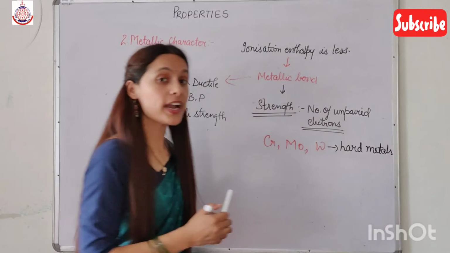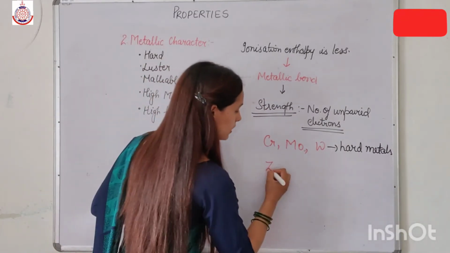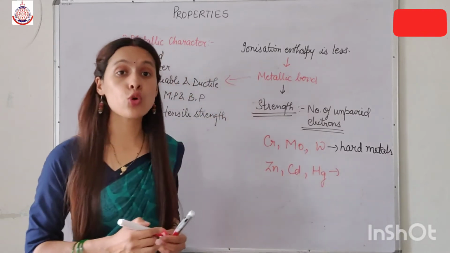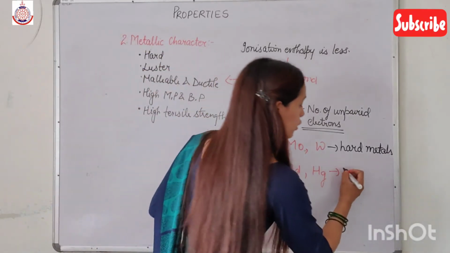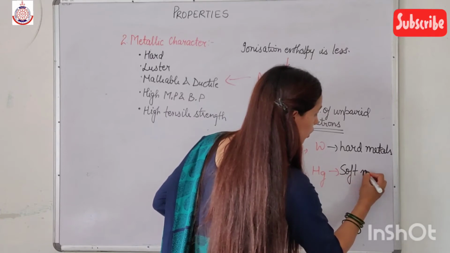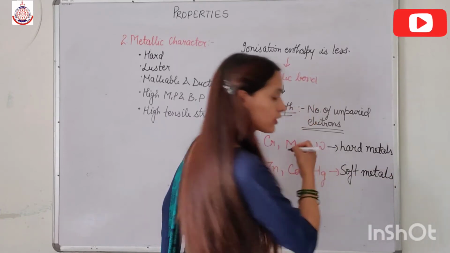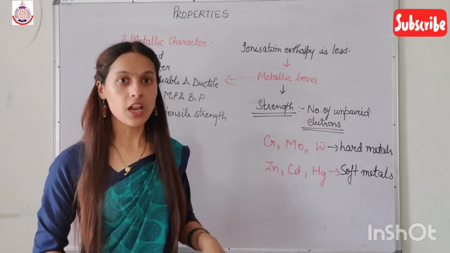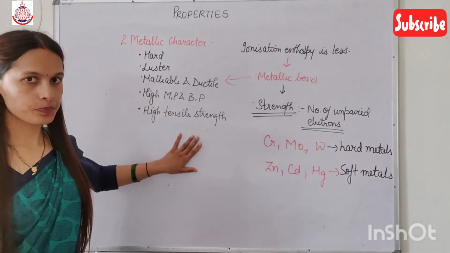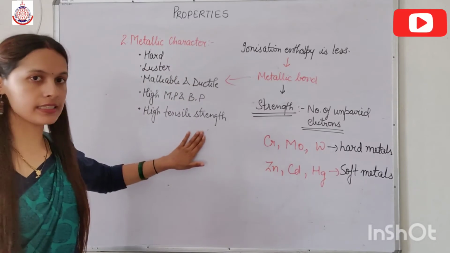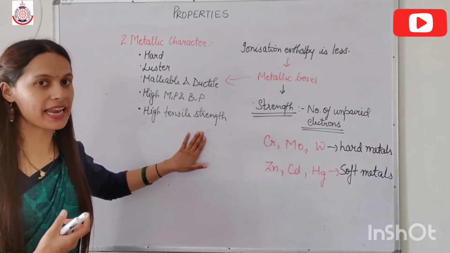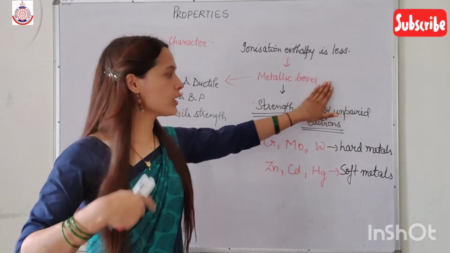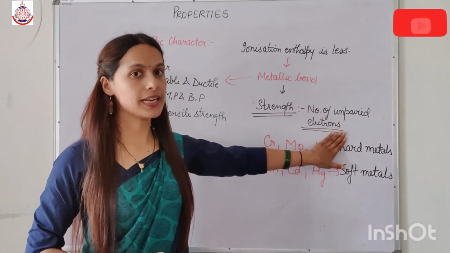period. But if I talk about zinc, cadmium and mercury, they have no unpaired electrons. And because of the absence of unpaired electrons, they are soft metals. So the metallic character depends on the metallic bond. The strength of the metallic bond depends on the number of unpaired electrons.